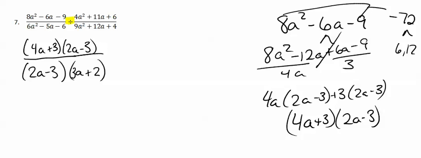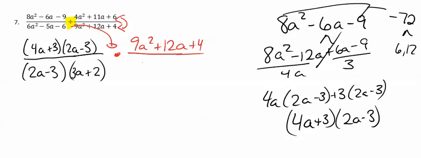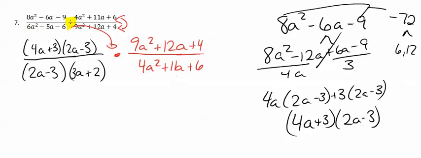Now, the difference between division and multiplication is if you have a division sign, you are really multiplying by the reciprocal. So we switch around the numerator and the denominator, and then we'll factor those individually again like we did the last.